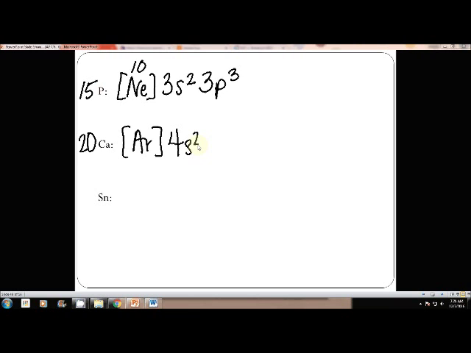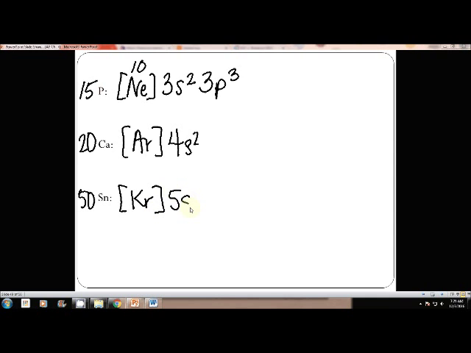Okay? Last one is tin, Sn. And this is when noble gas configuration is really great because you don't have to write down those 50 electrons, right? So the closest to 50 that doesn't go over is krypton with 36. So after krypton, next comes rubidium, which is in 5s.